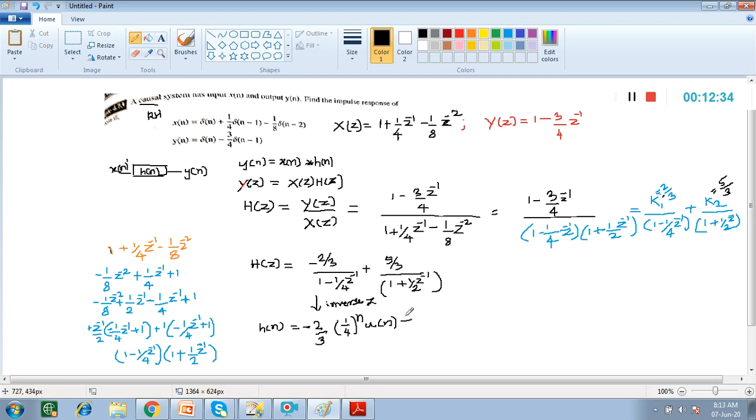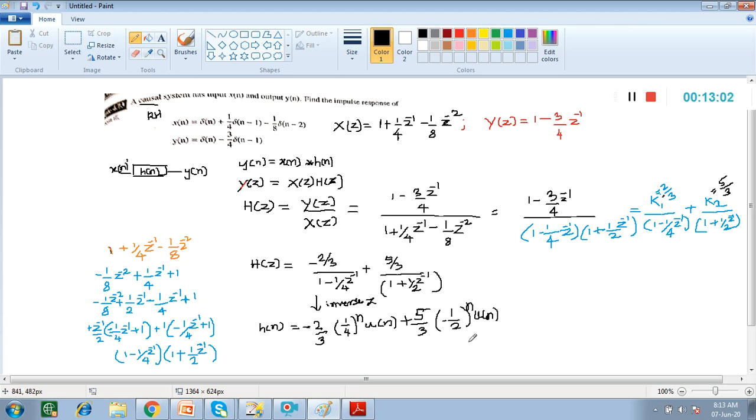So plus 5 divided by 3 times 1 divided by 1 plus 1 by 2 z raised to minus 1. Usually we have a minus sign, here it is plus. It indicates that it is minus 1 by 2 raised to n into u of n.